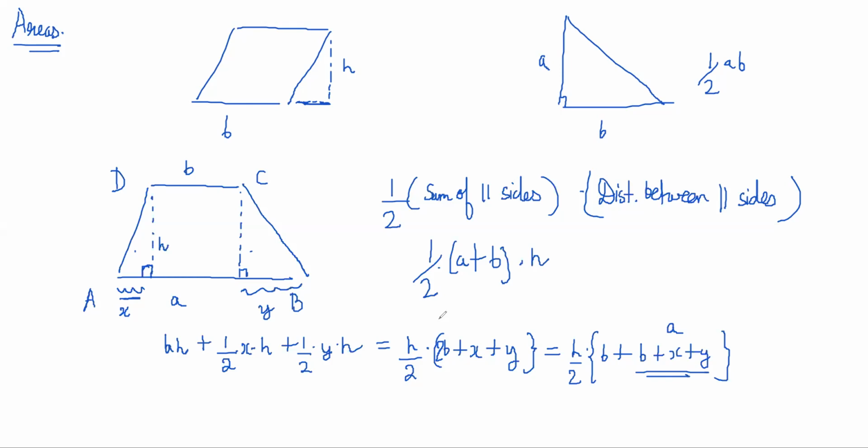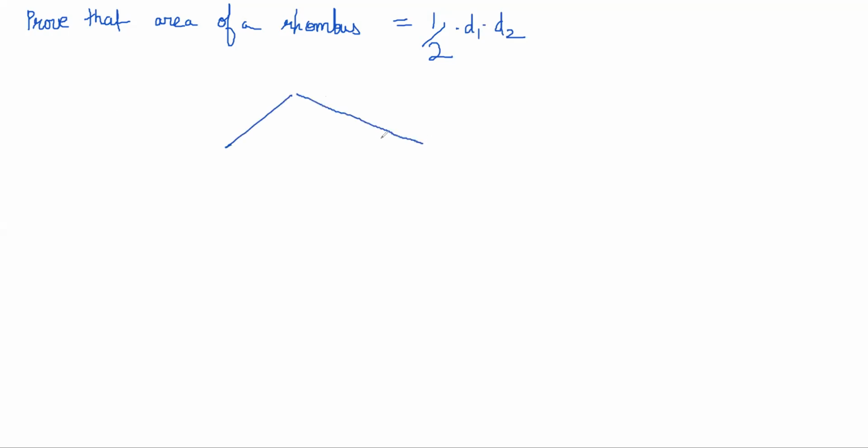Can you prove that area of a rhombus is half into product of diagonals? So we can form the 4 right triangles. Area of a rhombus is half into D1 into D2. Here you will have to use the property of the rhombus that diagonals are always perpendicular in a rhombus.